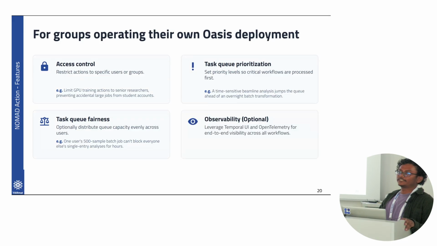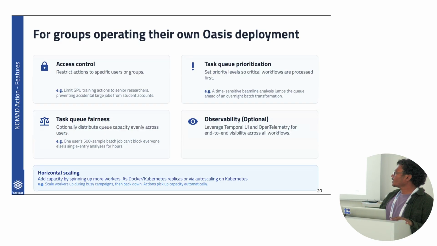And observability, so that you have end-to-end visibility across all of the workflows running on your Oasis. And horizontal scaling: as you get more workflows, you want to scale up the number of workers, so you can do this via Kubernetes or Docker by increasing the number of replicas, or using auto-scaling on Kubernetes so that it scales up as you get more work.